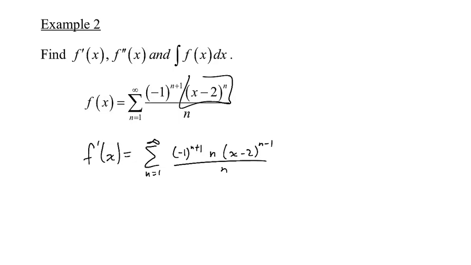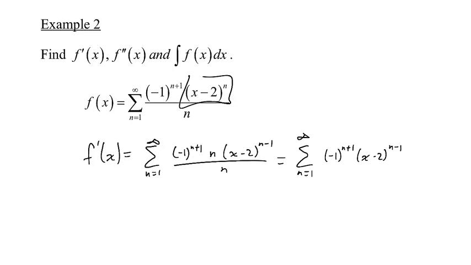And do note too, if this was like a 3x minus 2 or something like that, I would have to do the chain rule and multiply by a 3 out there as well. But it's not, so I'm not going to worry about that. Okay, the n's will divide out, so I can rewrite this series as n equals 1 to infinity of negative 1 to the n plus 1 times x minus 2 to the n minus 1.